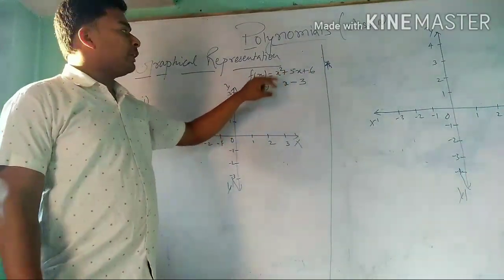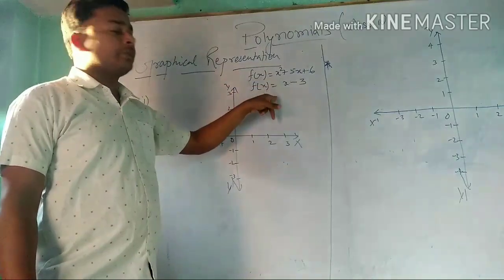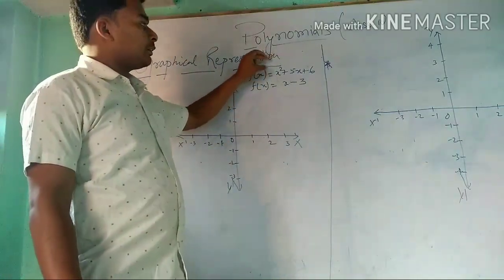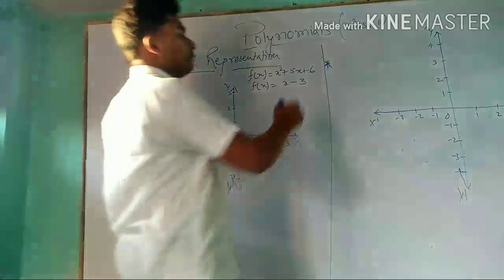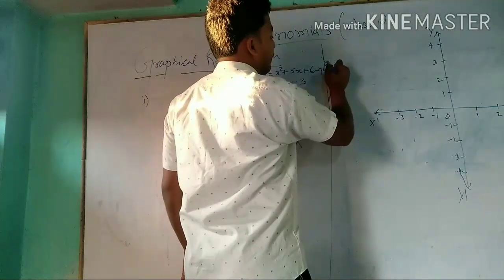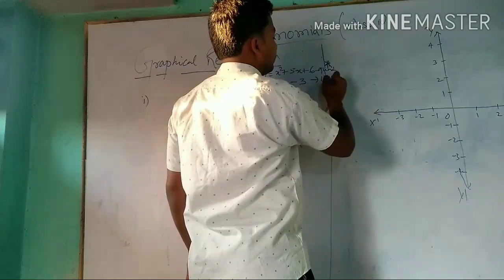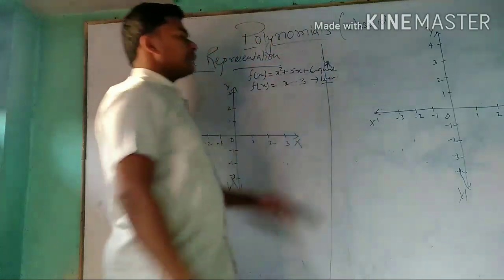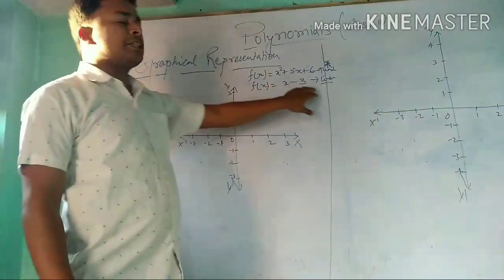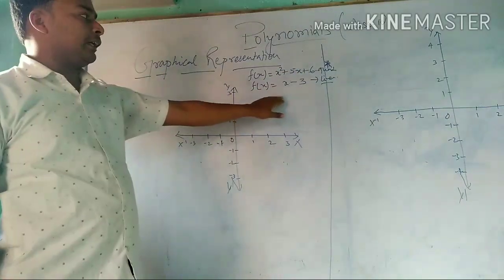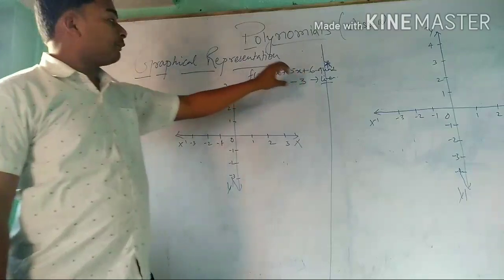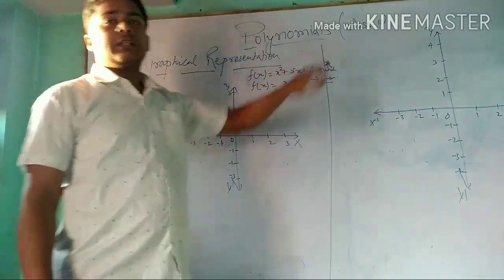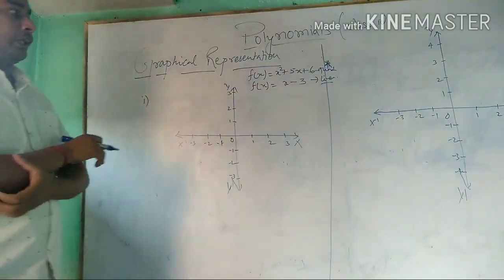These are two different types of polynomial. The first one is the quadratic, whereas the second one is linear. As the name suggests, the graph of the linear one will be a straight line, whereas the graph of a quadratic is always in the form of a parabola.